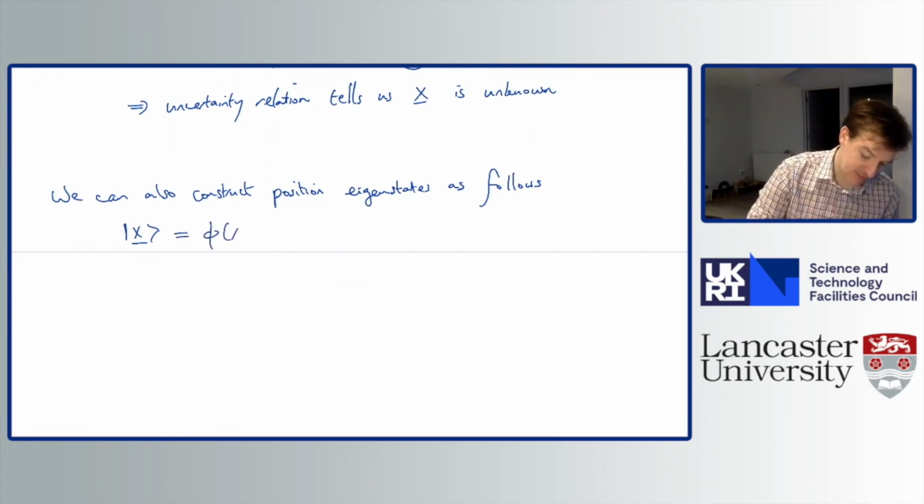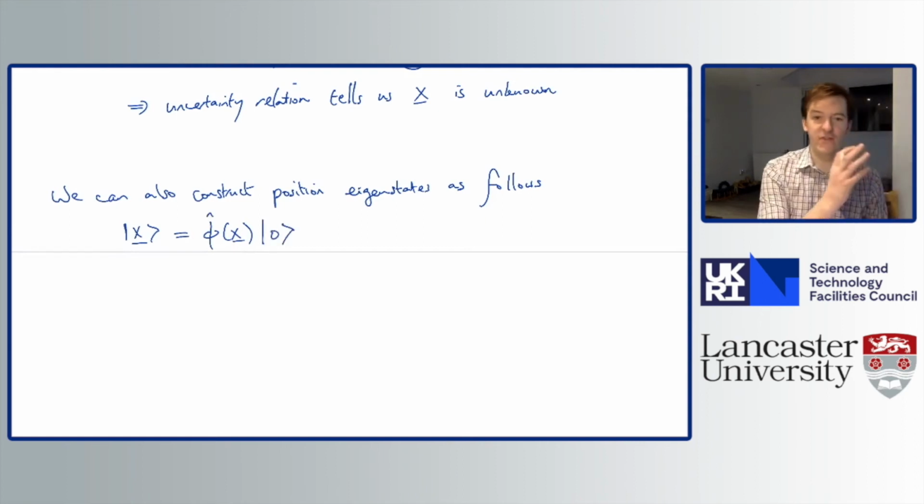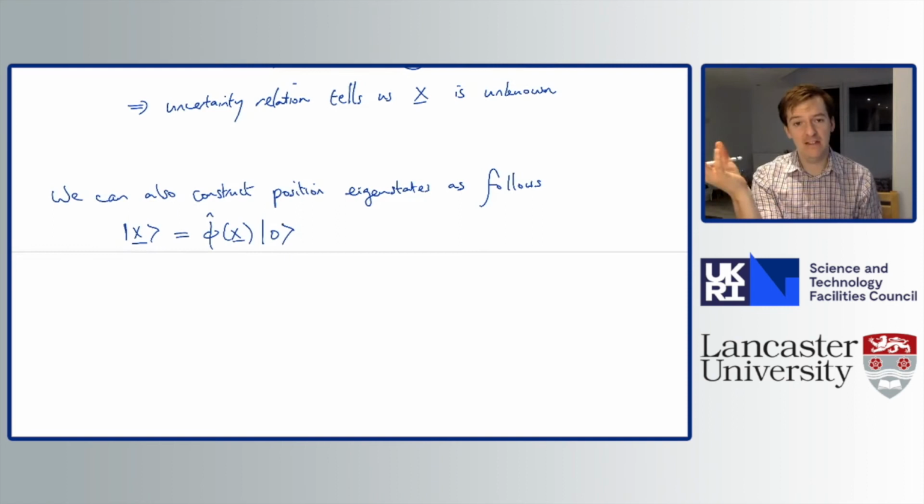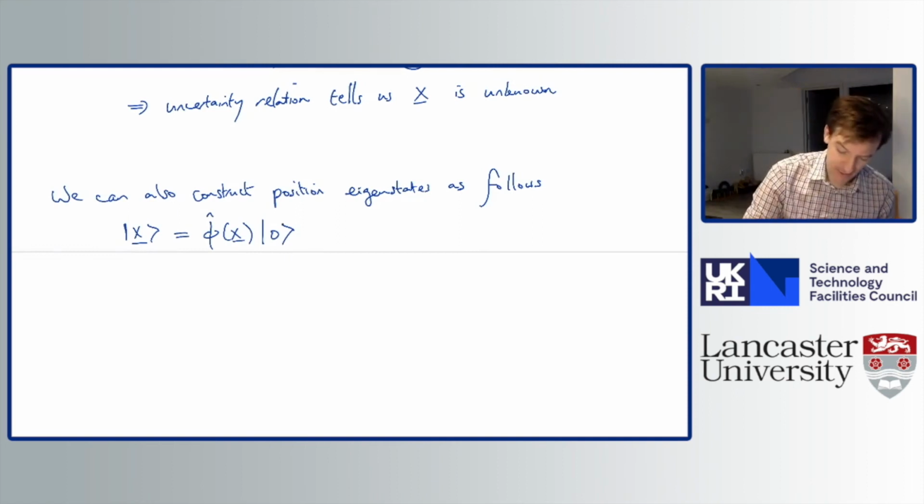The answer is that the position eigenstate X is simply my phi operator acting on the momentum state. Here, as I said, I'm not worrying about the time dependence, so this is a Schrodinger operator.